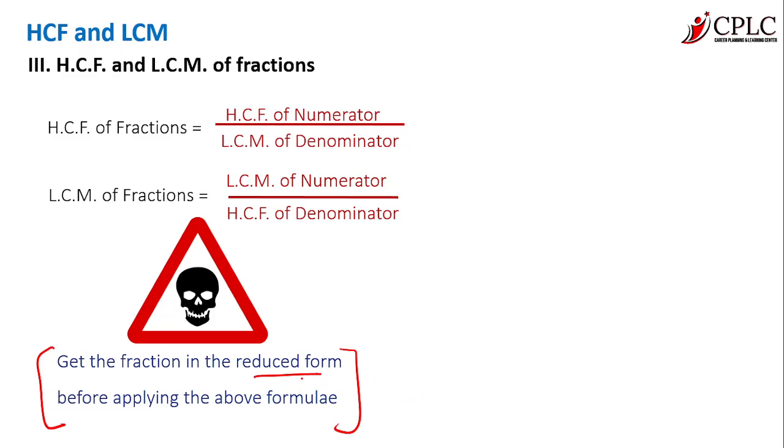If you don't reduce them and directly apply the formula, there might be some issues with the numbers, and the answer will be incorrect. So do remember this tip as well, which will help you avoid that error going forward.